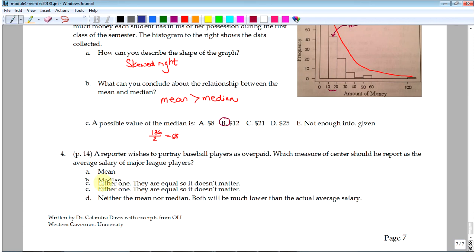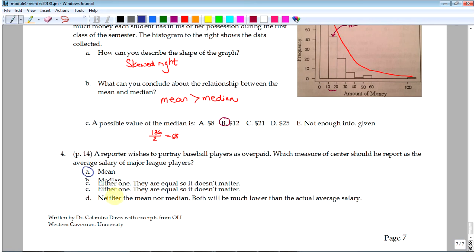Well, not the median, because the median is going to give you the value that's right in the middle. If the reporter wants to inflate it, remember, all you need are a few people with a really high salary, and once you find the mean, it's going to be a larger number that isn't necessarily representative of the sample. So the mean would be the best way to inflate it.